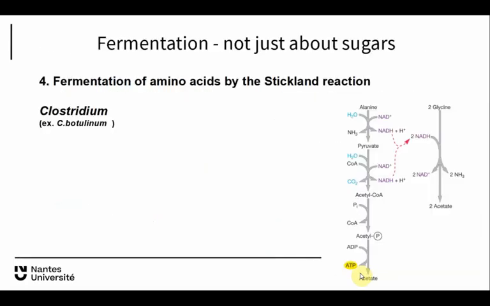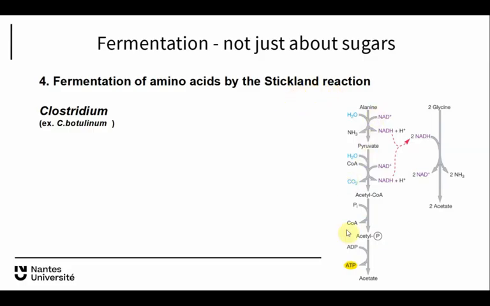Okay, so one last thing on fermentation. We finished with sugar fermentation, but carbohydrates and sugars are not the only organic substrates that can be fermented. Some bacteria can ferment amino acids, notably bacteria of the genus Clostridium. This is illustrated by the fermentation pathway here, which is also called the Stickland reaction.